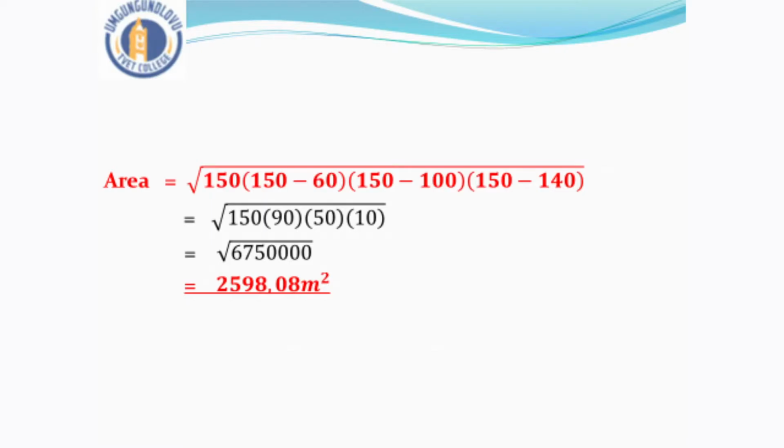Here you say area is equal to square root of 150 meters, which is the value of S, times 150 minus 60 into 150 minus 100 into 150 minus 140, which will give us 2,598.08 square meters. Remember, we are calculating for the area. That's why the unit of measurement should be in square meters.